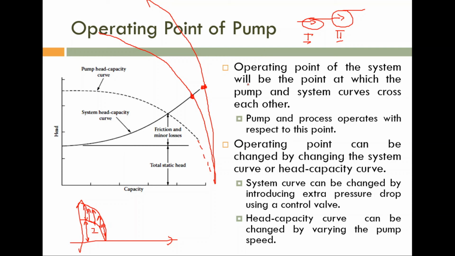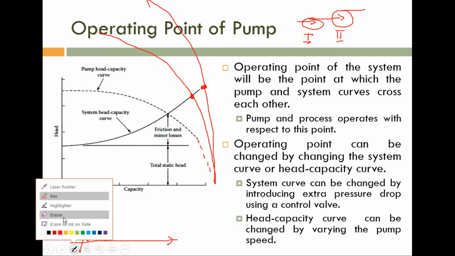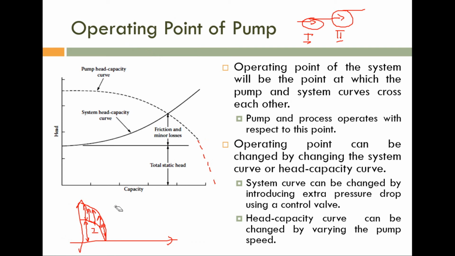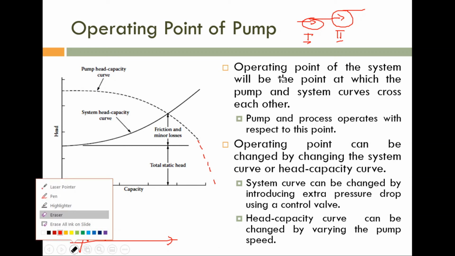What is happening if you are using pumps with different capacity? Say, this is one pump. Now the capacity of the second pump is 50% of the capacity of the first pump.